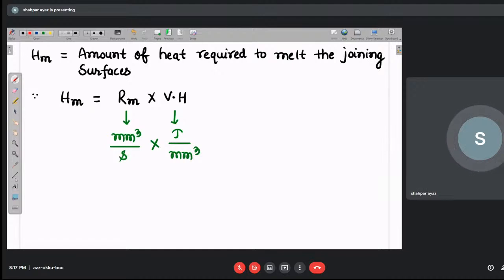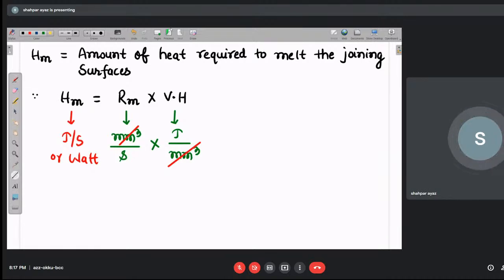So this is how we get it in joule per second. If you want Hm, the heat required to melt, in watt or joule per second, you can use this formula Rm into Vh.